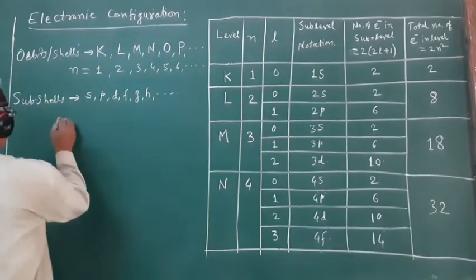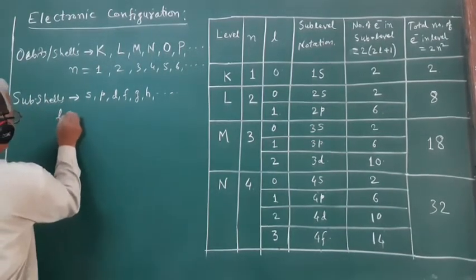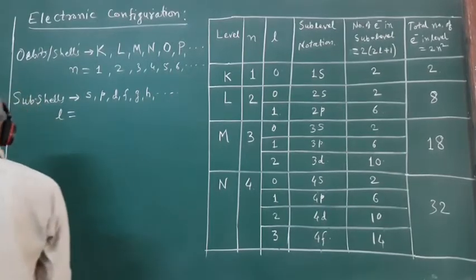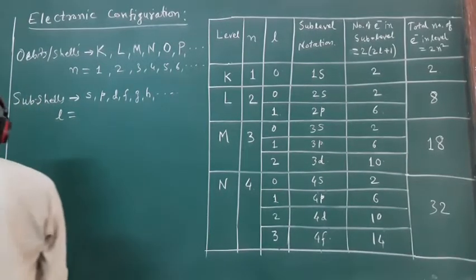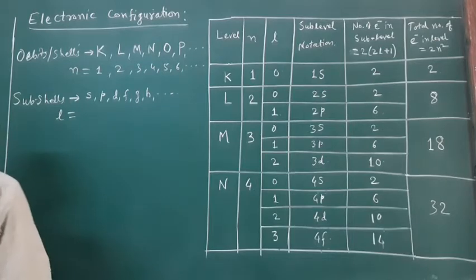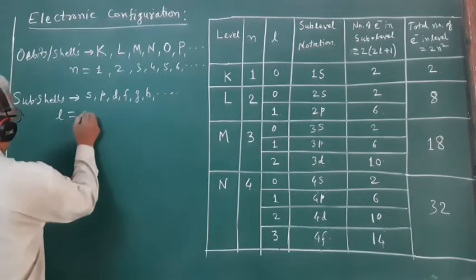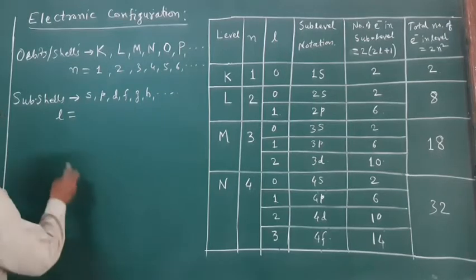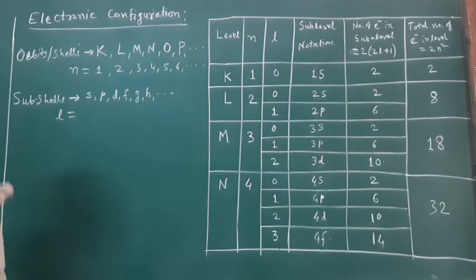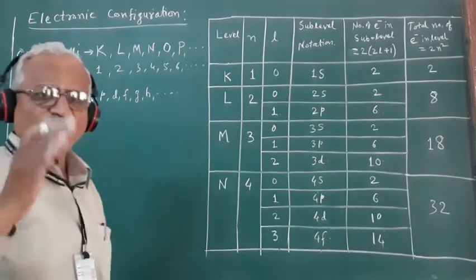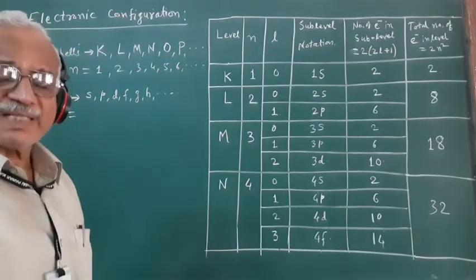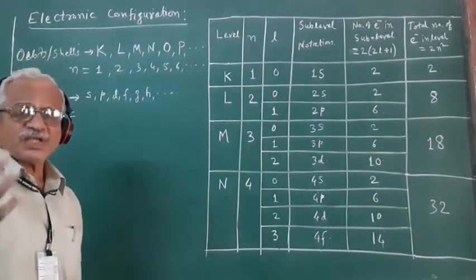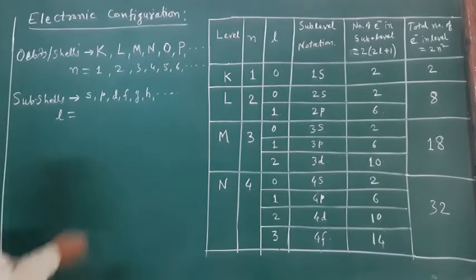These subshells correspond to a particular value of the angular momentum quantum number. As we know, the orbital quantum number l has values starting from 0, and the maximum value of l is equal to n minus 1.